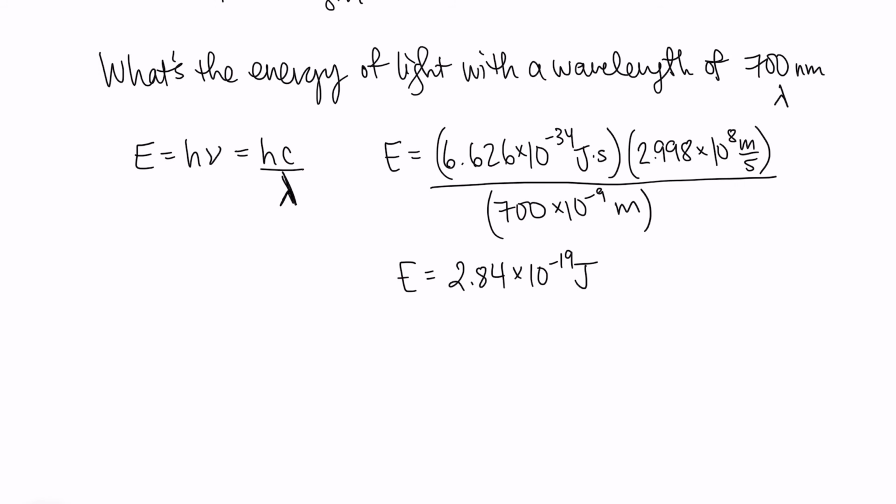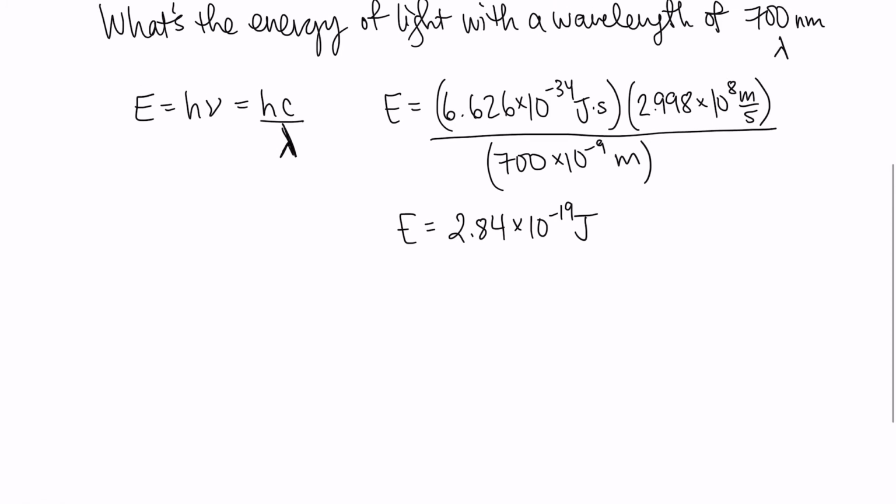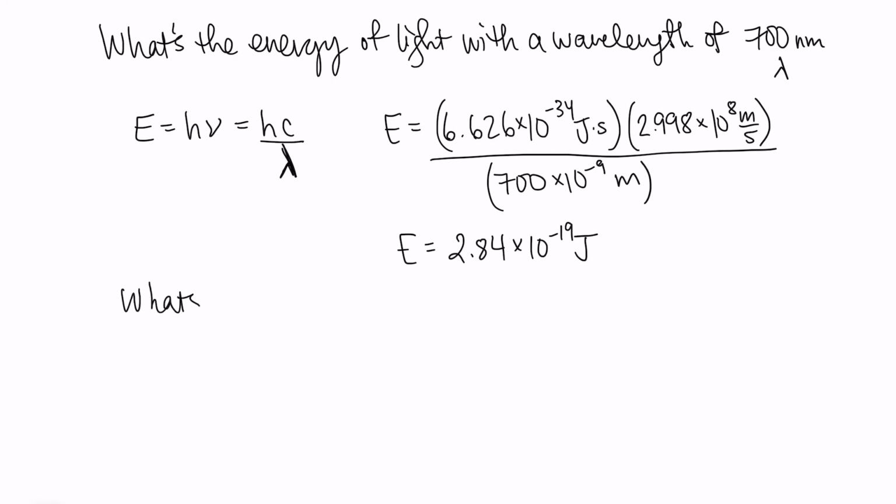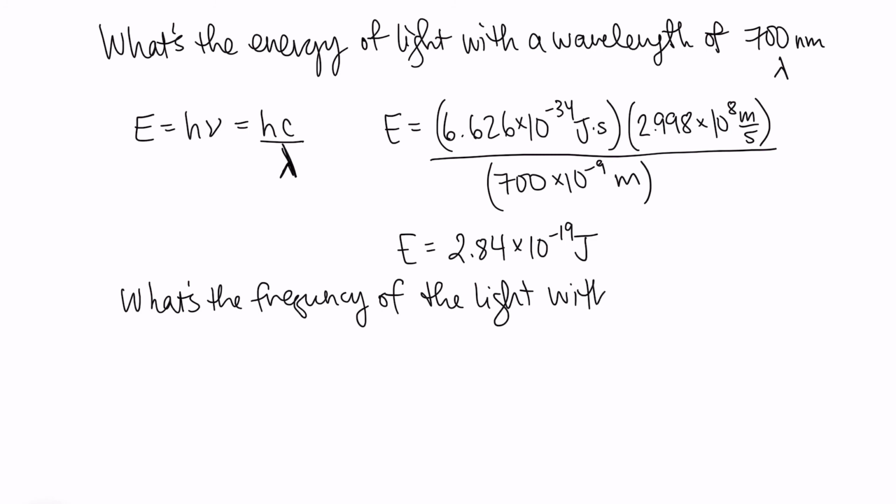Okay, so that was fun. We know the energy of our photons of light, of our red light. What if instead of calculating the energy, I just want to know what's the frequency of light with the same wavelength, 700 nanometers? Well, I'm going to use my equation c equals lambda nu.